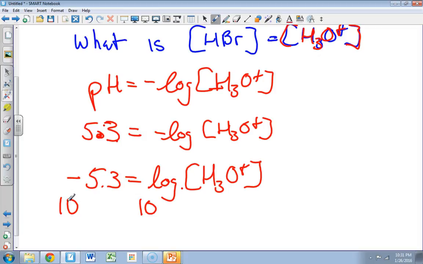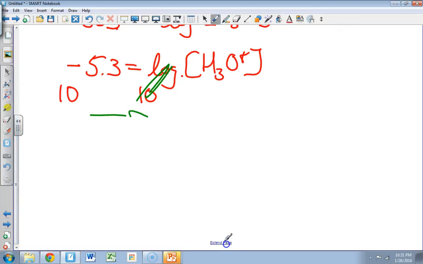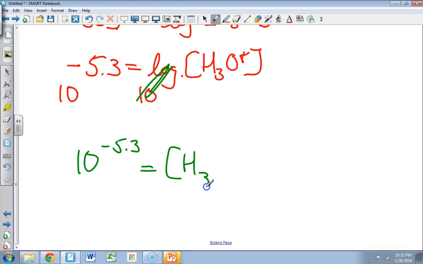Okay? And so what this does is this completely gets rid of this. And so by doing that, we get 10 to the negative 5.3 equal. Looks like I'm having a little bit of an issue here. So 10 to the negative 5.3 equals the concentration of the hydronium ion, which in turn equals the concentration of HBr.